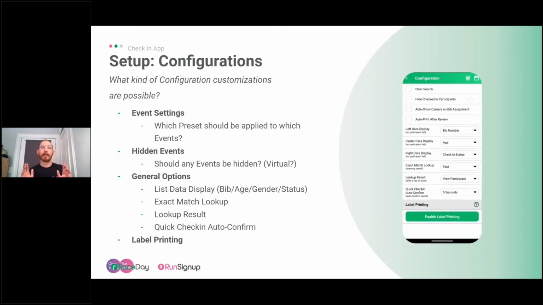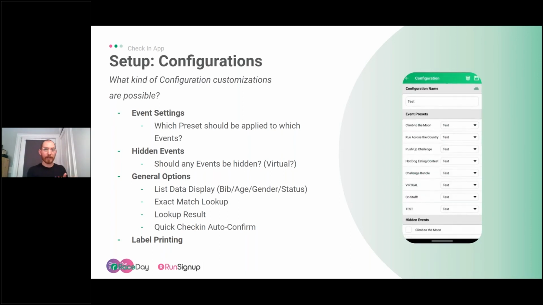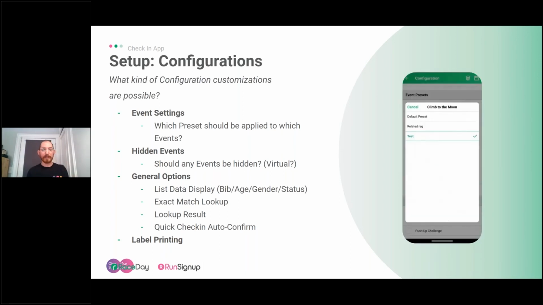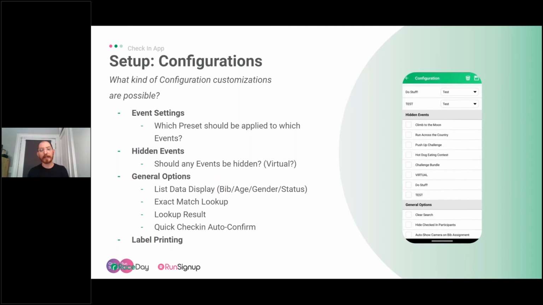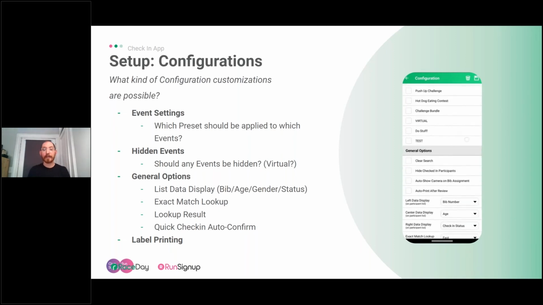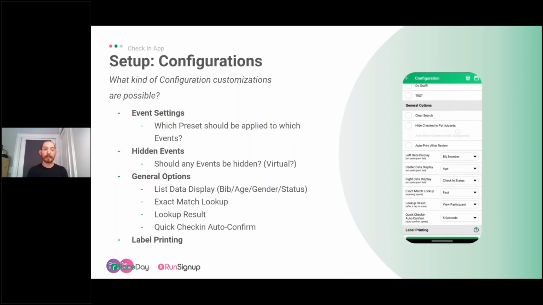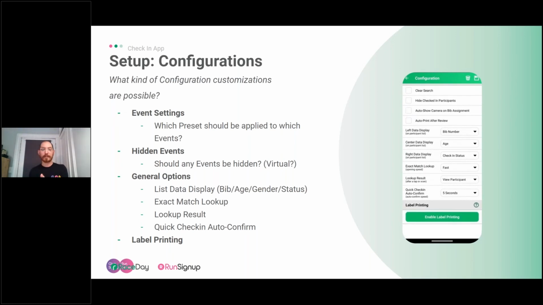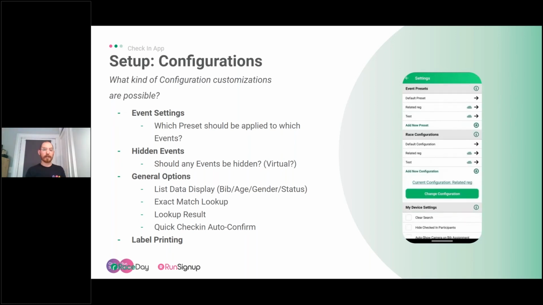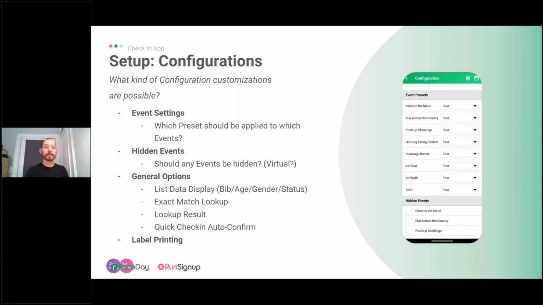They say, I want to scan the participants with their confirmation email, and then I want to scan a bib number and give it to them, and that's it. And this will automatically confirm the check-in after they scan so that it's completely hands-off. All they're doing is just scan reg, scan bib, scan reg, scan bib. That's all they're doing the entire day.